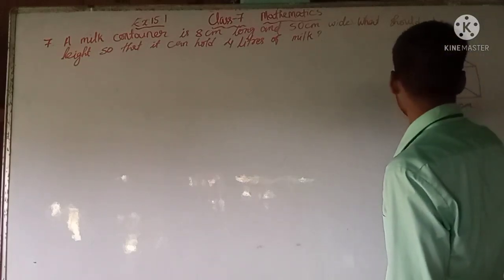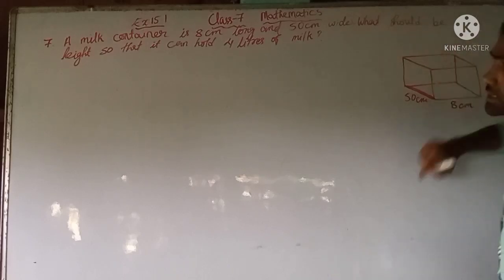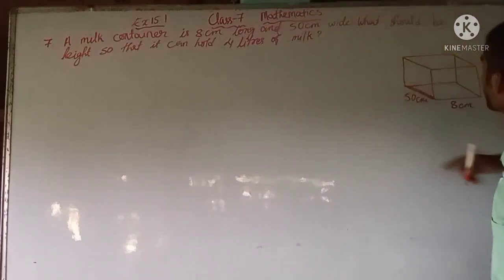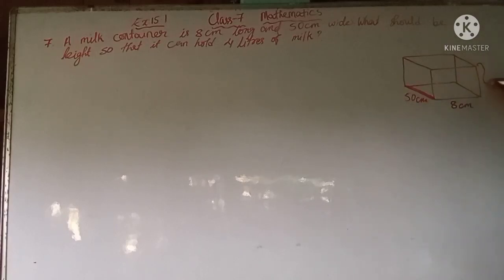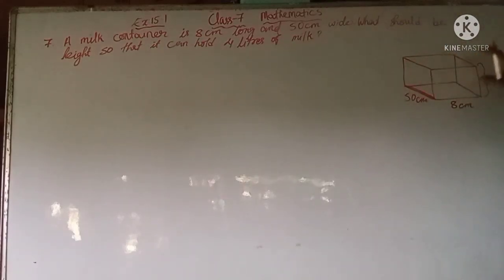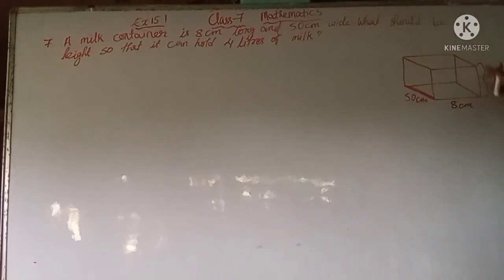What should be its height so that it can hold 4 liters of milk? Here, what its height should be, so that in the container we can pour 4 liters of milk inside it. What should be its height?